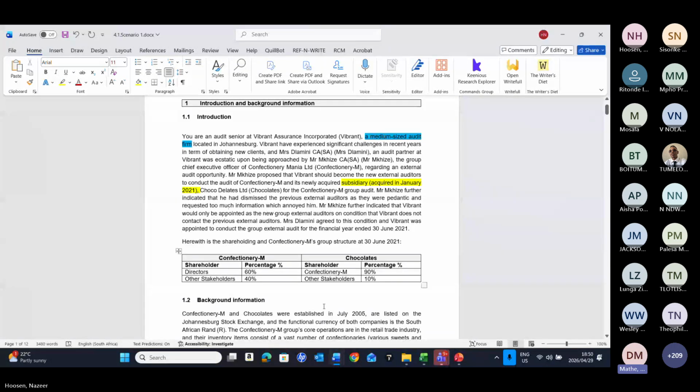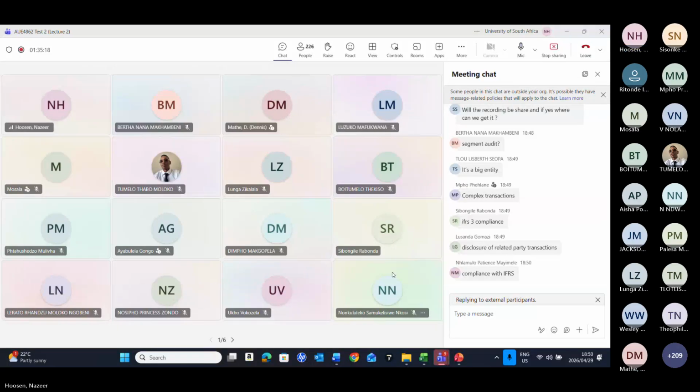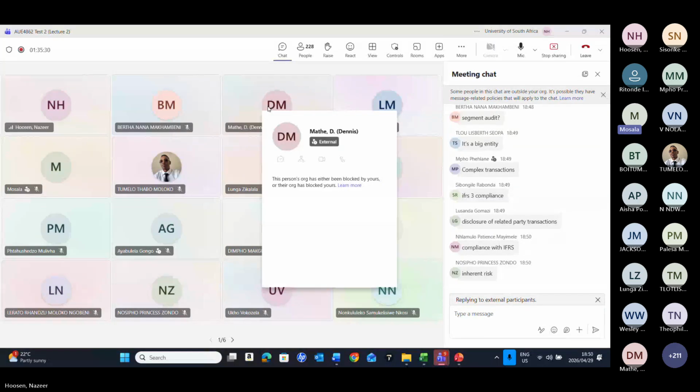Not being performed properly. Can somebody give me an example of that? Compliance with IFRS. Could it be, you can go, Teresa, could it be that intra-group transactions may not be eliminated?